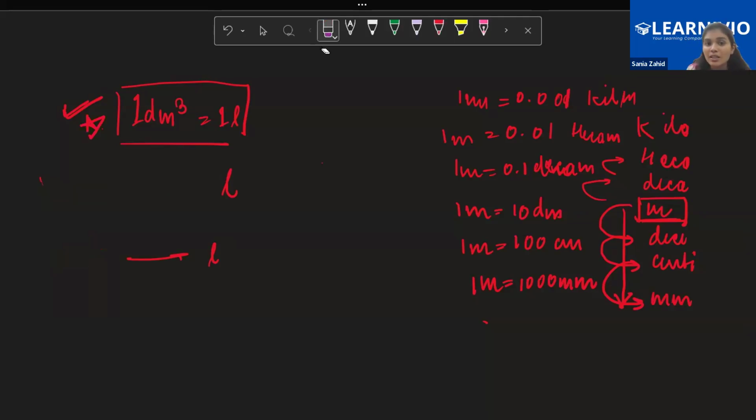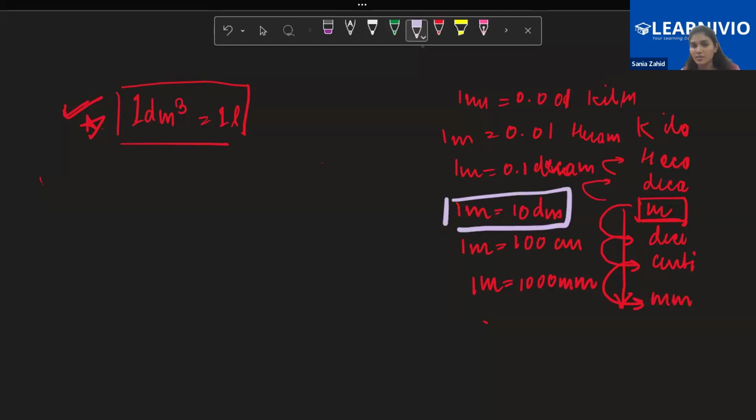So first of all, tell me how many meters are there in 1 decimeter? Listen to my question. How many meters are there in 1 decimeter? In 10 decimeters, children, you have 1 meter.